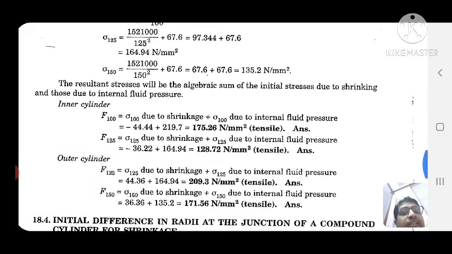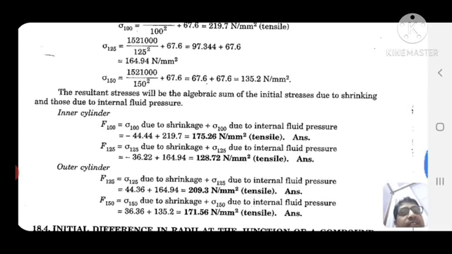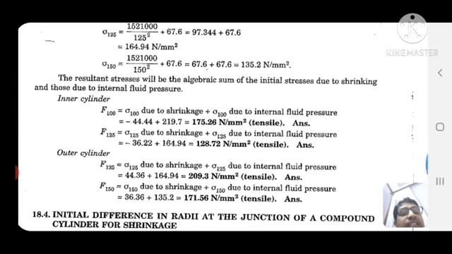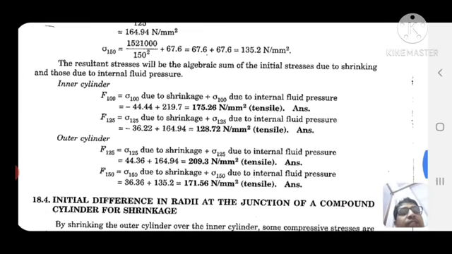Sigma 125 equal to 1521000 divided by 125 square plus 67.6, so that is equal to 97.344 plus 67.6, 164.94 Newton per millimeter square.